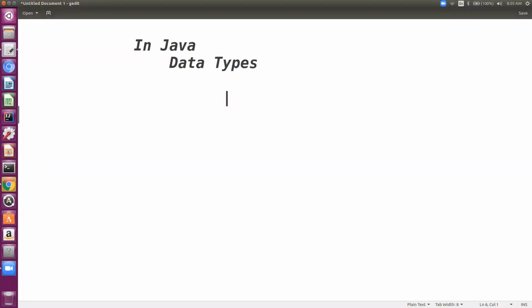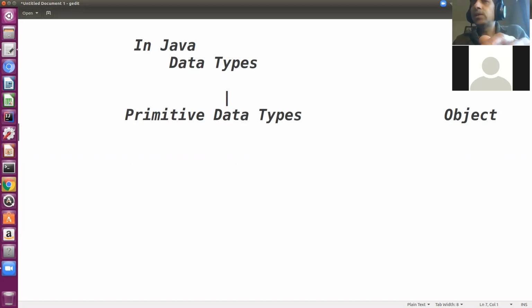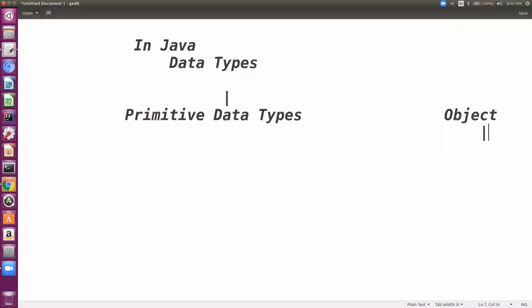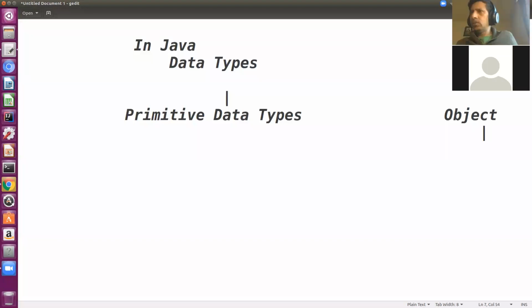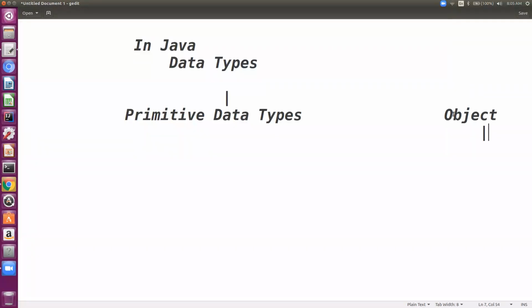The one is primitive data types, and the other is anything which comes under object. This object itself can have an infinite number of data types because they are created by you as an application developer. We'll talk about this when we come to the concepts of classes and objects.